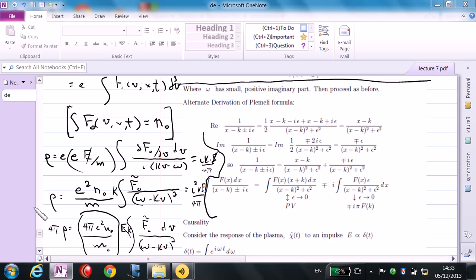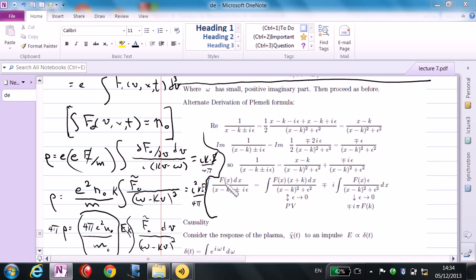I rationalized the denominator. I simplified. So these three lines are just algebra, and I can write this.